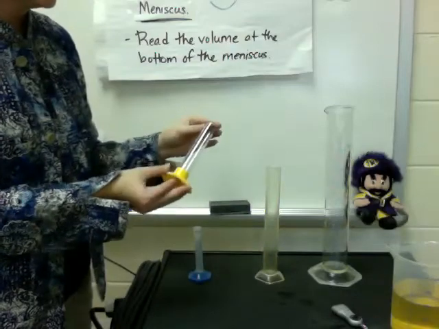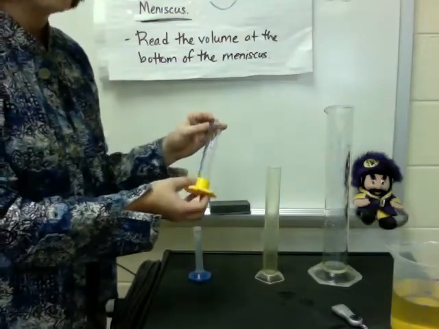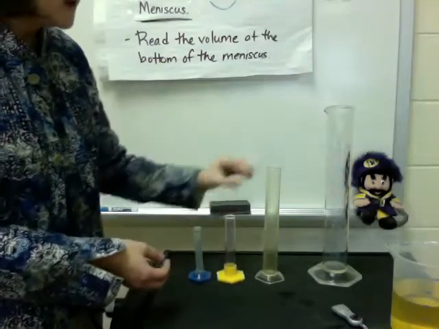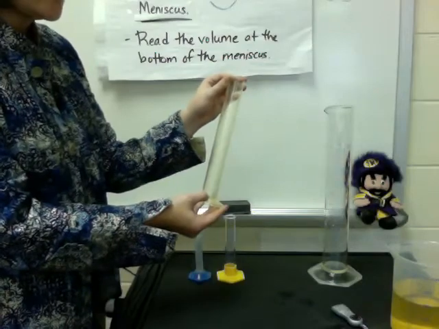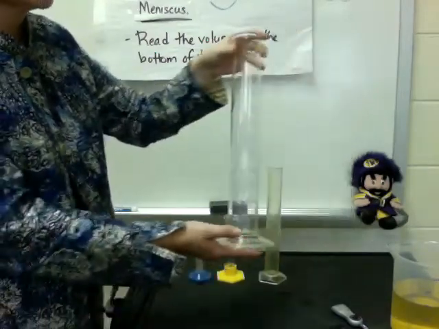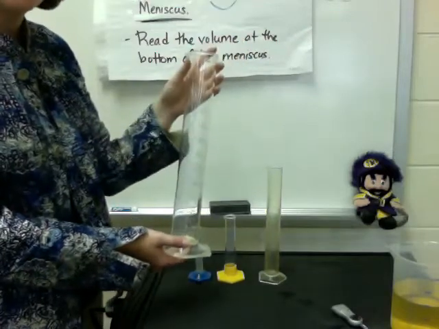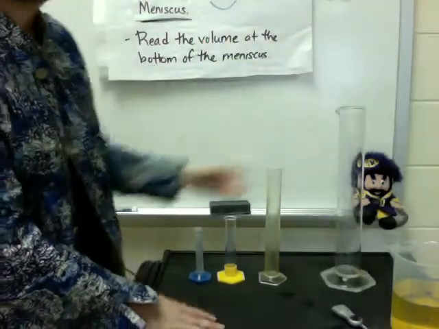Our next size graduated cylinder contains 25 milliliters, and it measures in 0.5 milliliters. This graduated cylinder holds 100 milliliters, and its increments are broken down by 1 milliliter. And our largest graduated cylinder can hold 500 milliliters and is broken down by 5 milliliters.